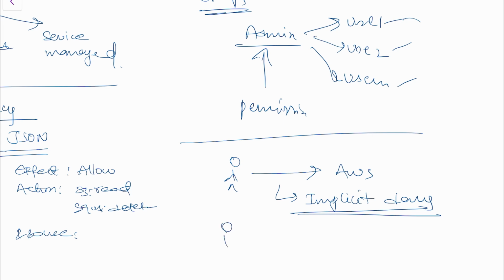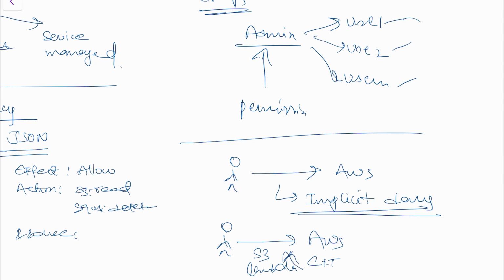Now let's say the user is given permissions, maybe S3 permissions or Lambda permissions or specific Lambda actions, etc. But the user is denied access to, let's say, CloudFormation.